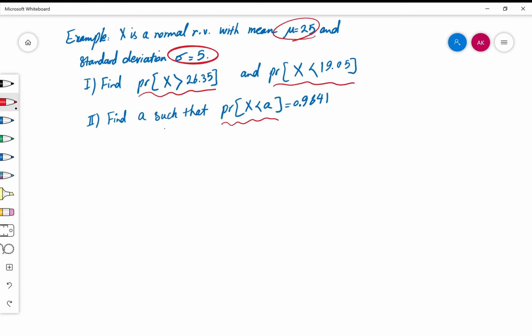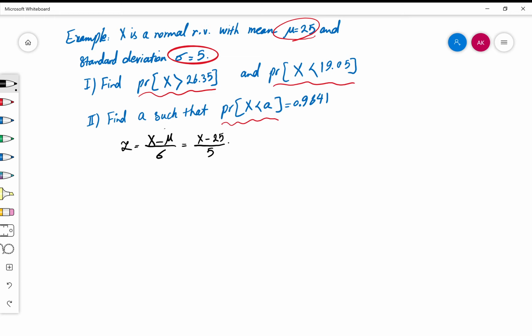0.9641. Okay, so as we know, the key point is that for any normal random variable, x minus mu over sigma, whatever mu and sigma is, is a standard normal random variable, and here we have x minus 25 over 5.